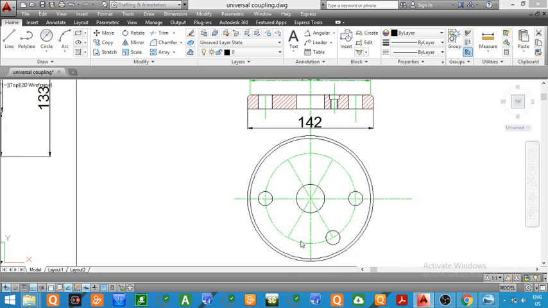Diameter is equal to 16. Again with this center we will draw a circle of diameter 16. So you can see finally we have drawn 6 holes in the top view, and these are the circles which represent the top view of these holes.